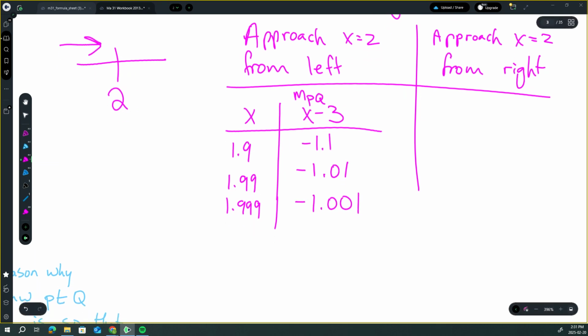So we can conclude that as we approach 2, our slope approaches negative 1 as you approach 2 from the left.